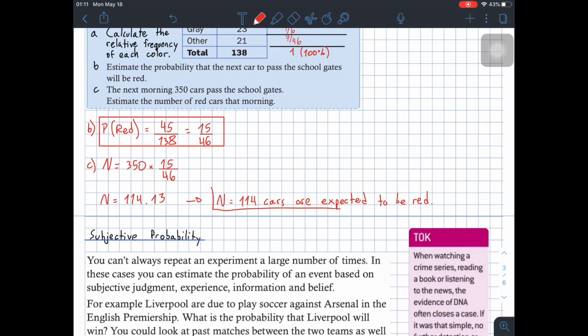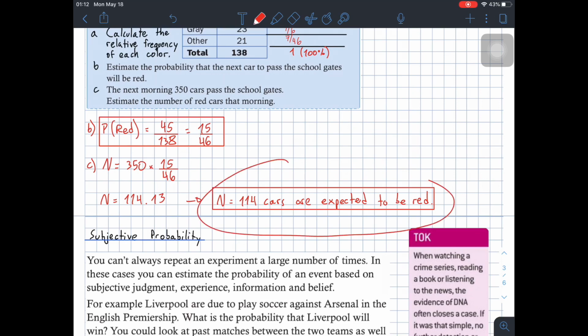Okay, so here you can see a real life application of probabilities, right? Probabilities is widely used to make predictions, okay? This is used a lot, for example, in forecasting when we want to know what the climate would be for the next days or the next weeks or the next month or whatever. We rely a lot on probabilities, okay?